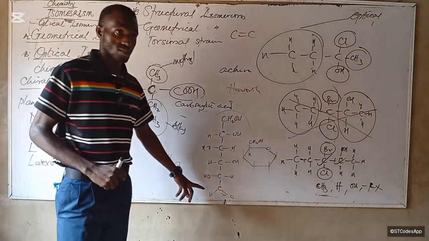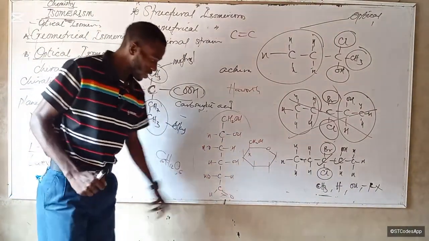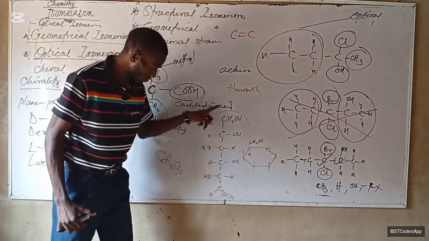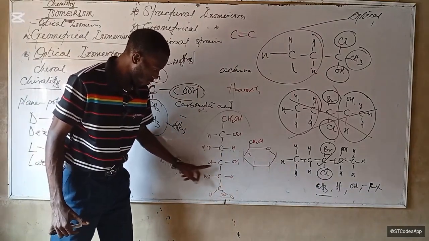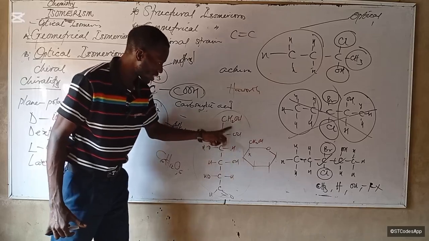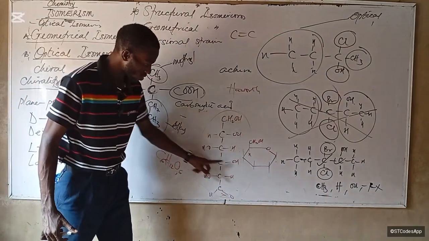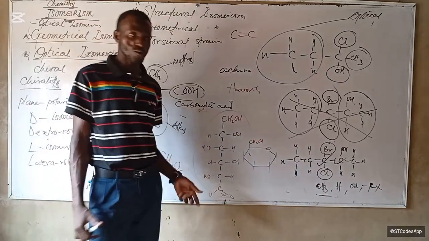Do you get it? Is it different? What is it supposed to be? This is it now. So let's count again. 1, 2, 3, 4, 5, 6. 1, 2, 3, 4, 5, 6, 7, 8, 9, 10, 11, 12. H12, O6: 1, 2, 3, 4, 5, 6. Do you get it? So that's glucose D.